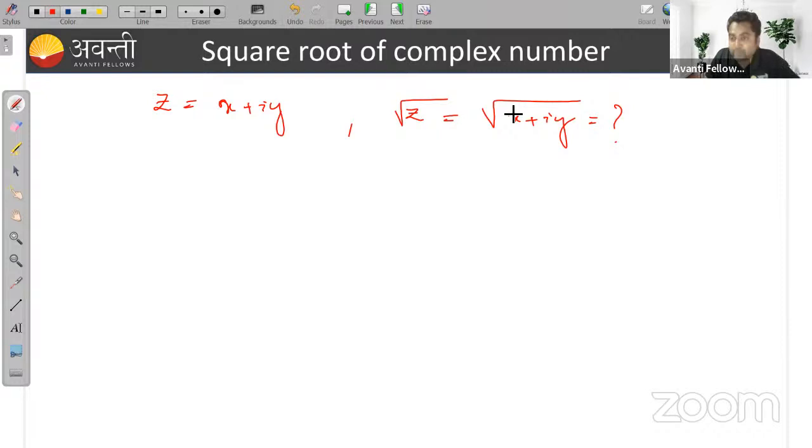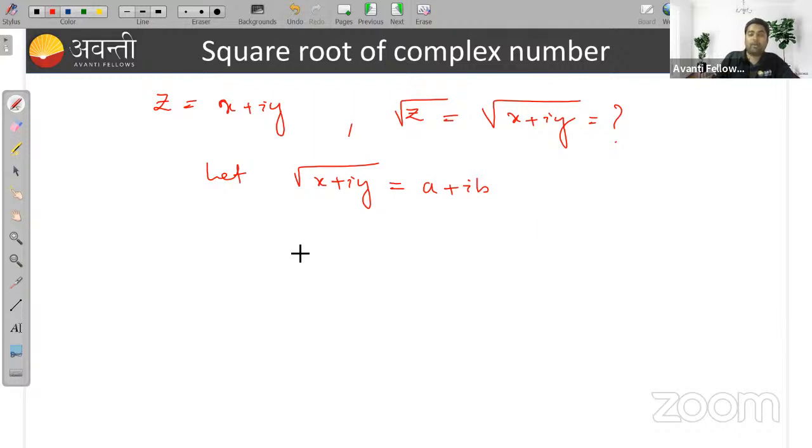It's a little different. So first of all, let's take root of x plus iy equal to a plus ib, because the square root of a complex number again gives you another complex number. That's why I'm taking root of x plus iy as a plus ib.